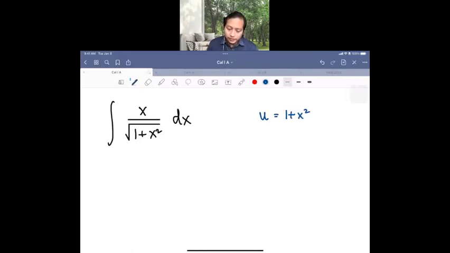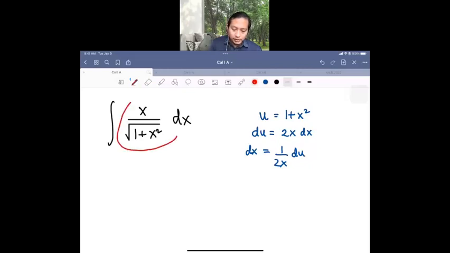Why? Because when we differentiate, du will be 2x dx, right? And then if we change in terms of dx, this will become 1 over 2x du. So what is the main idea of the substitution? From all these elements, we need to exchange the variable x or any elements of it into another variable.